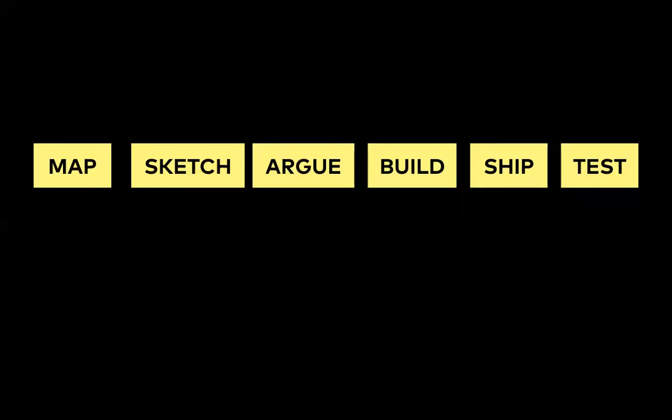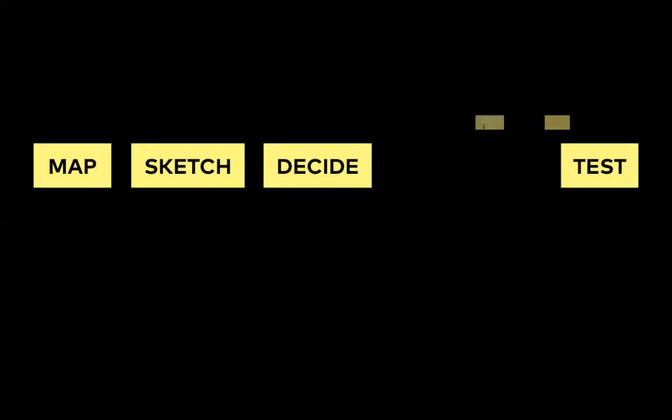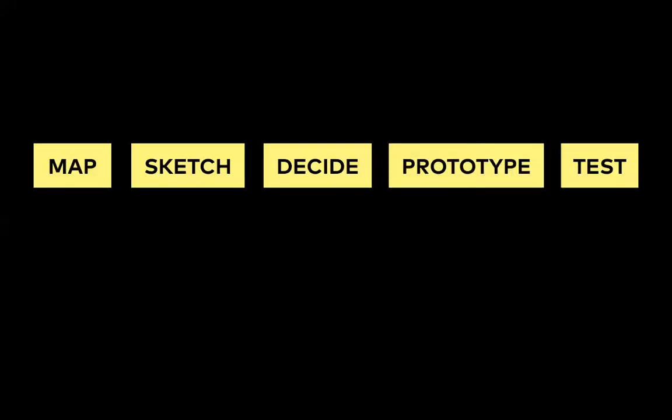Instead of arguing over what we should do in the abstract, we would use a series of structured decision-making exercises to actually decide which ideas were best. And instead of building and shipping, we would build a realistic prototype that we could put in front of customers. And instead of testing, just kidding, we would still test. In fact, the test is probably the most important part of the entire design sprint, as you'll see.